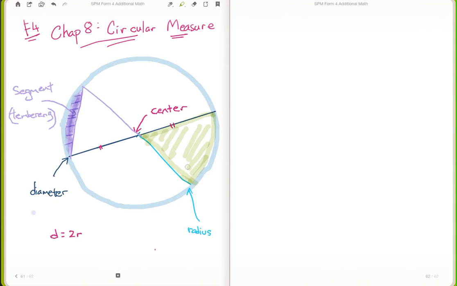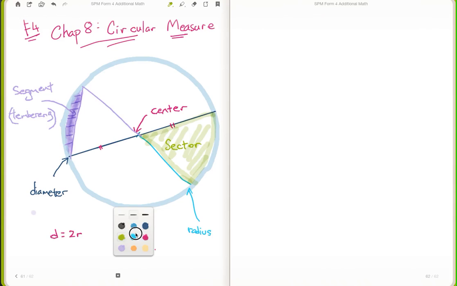This region is called a sector. Maybe I'll put it in green. This is called a sector. S-E-C-T-O-R. Sector. You replace it with a K in BM. Sector, bigger pie. A small place is called segment, temberang.